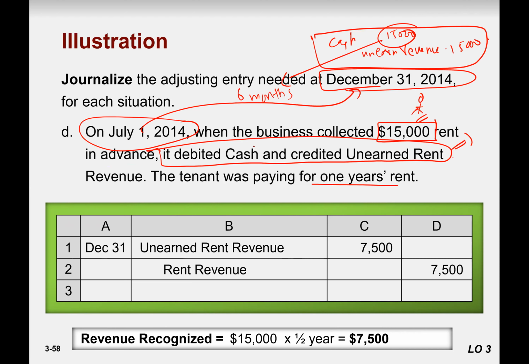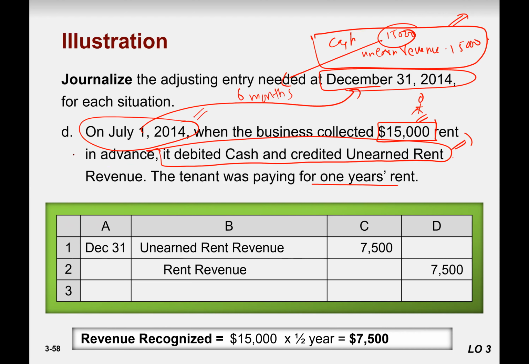Yes. And in credit, they had written unearned revenue. Yes. This entry they made: cash 15,000 to unearned revenue 15,000. So they have already written this on July. Okay. Right?